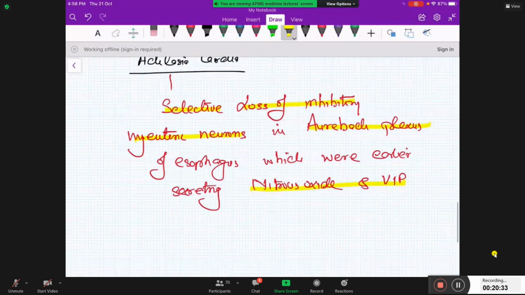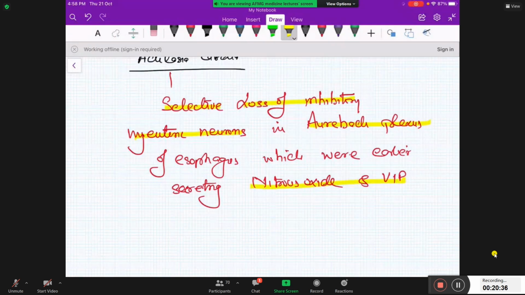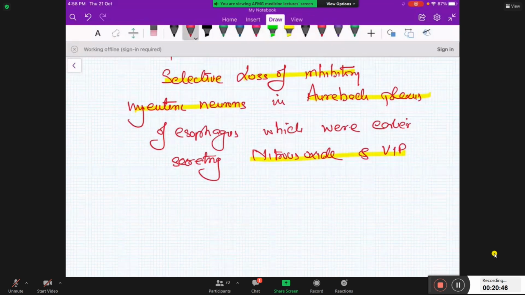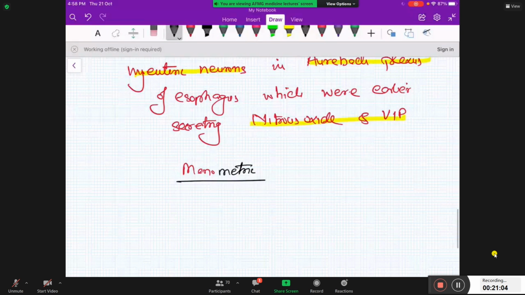So because of a selective loss of inhibitory myenteric neurons in the Auerbach plexus of the esophagus, certain manometric changes happen. What are the manometric changes?